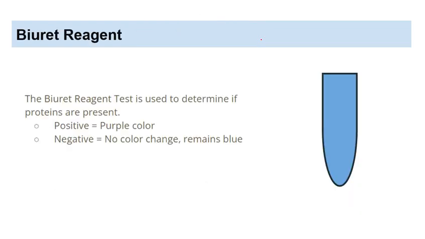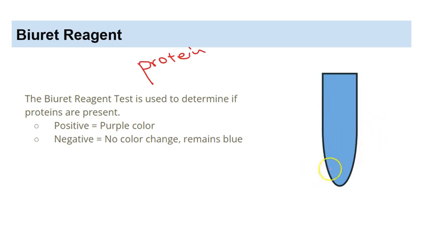Next reagent is biuret reagent, which is an indicator for protein. You can see if there is no protein in the solution, the solution color remains blue. So no color change means our test is negative.